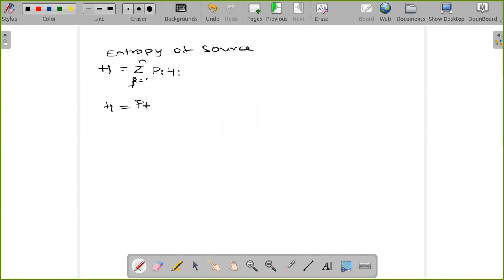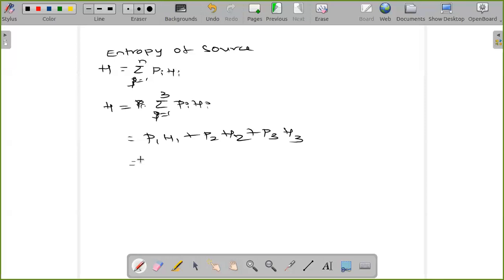Like we have a total of 3 states, i equal to 1, 2, 3, so H equals P1 H1 plus P2 H2 plus P3 H3. I forgot to say what the values of P1, P2, P3 are.